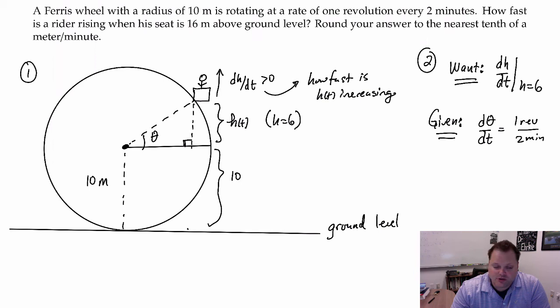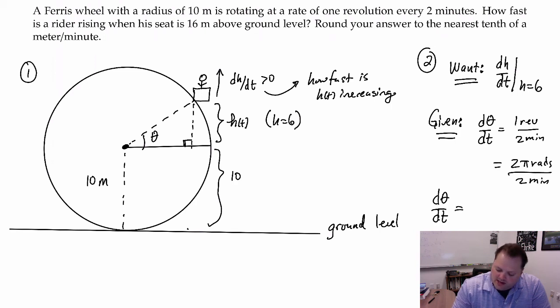None of the stuff we do in trig or calculus works if you are converting to a different format. You've got to keep the angles in radians. So 1 revolution is 2 pi radians in 2 minutes. So the given rate that you want, d theta dt, is equal to pi radians per minute.